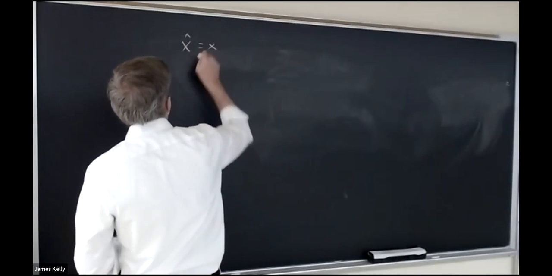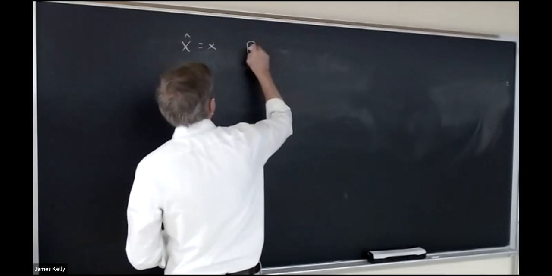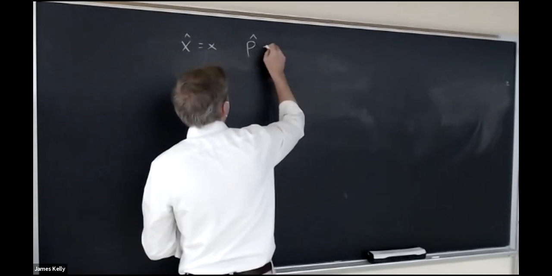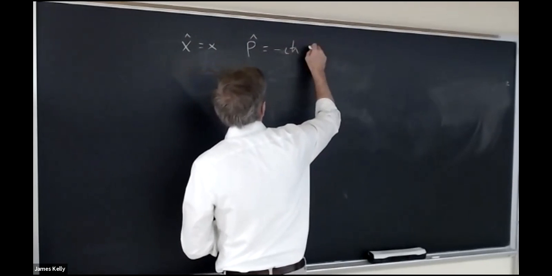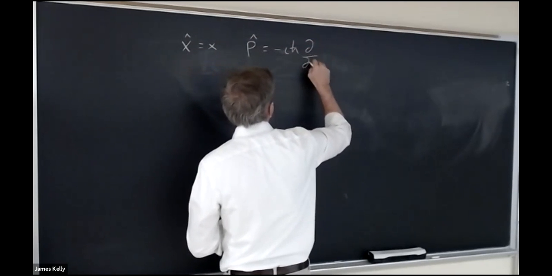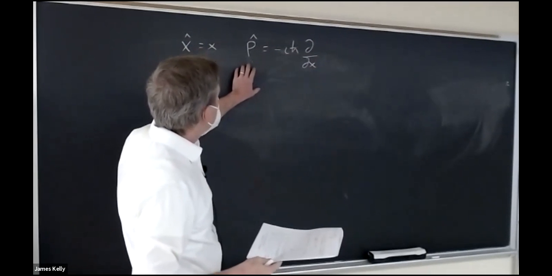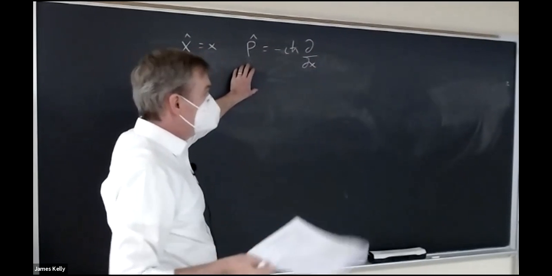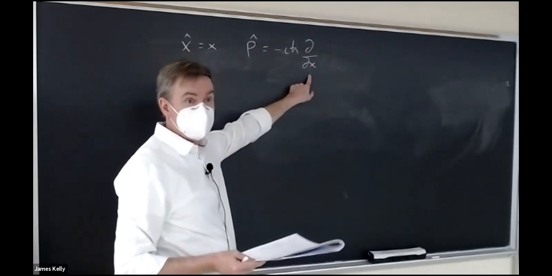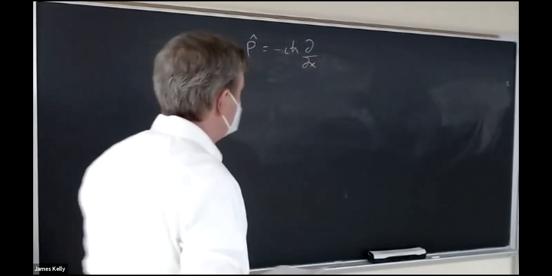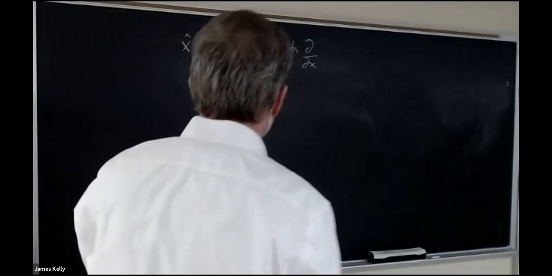The x operator just means multiply by x. The momentum operator means minus i h bar d dx. In the context of the time-independent Schrodinger equation, where we're looking for just functions of x, you could replace this with an ordinary derivative because it would just be acting on functions of one variable.